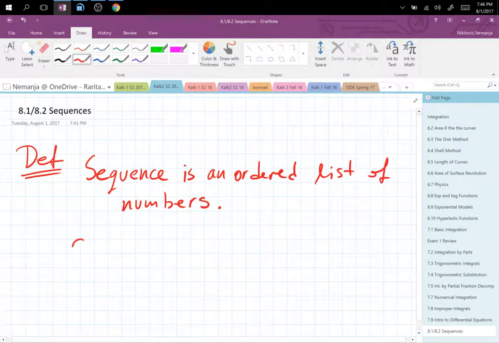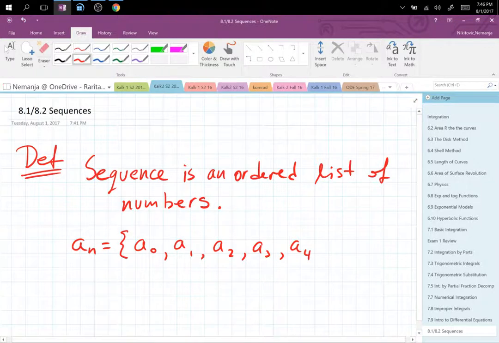And I'm going to say a_n, a sequence, is equal to the terms a_0, a_1, a_2, a_3, a_4, dot, dot, dot, a_n, dot, dot, dot.